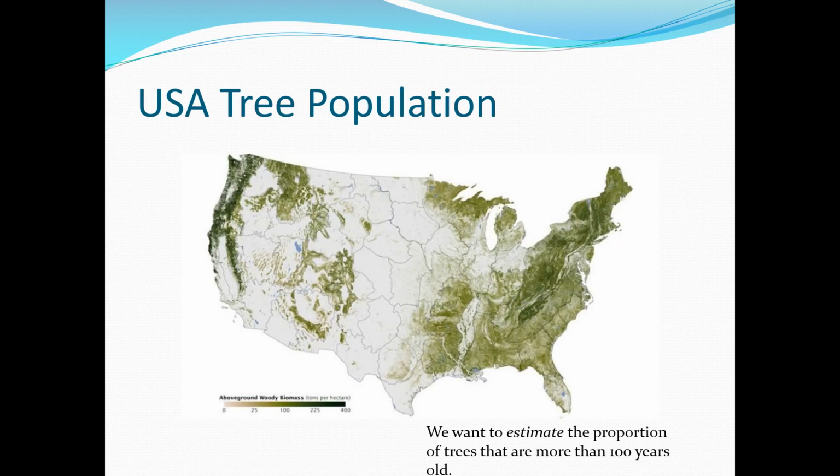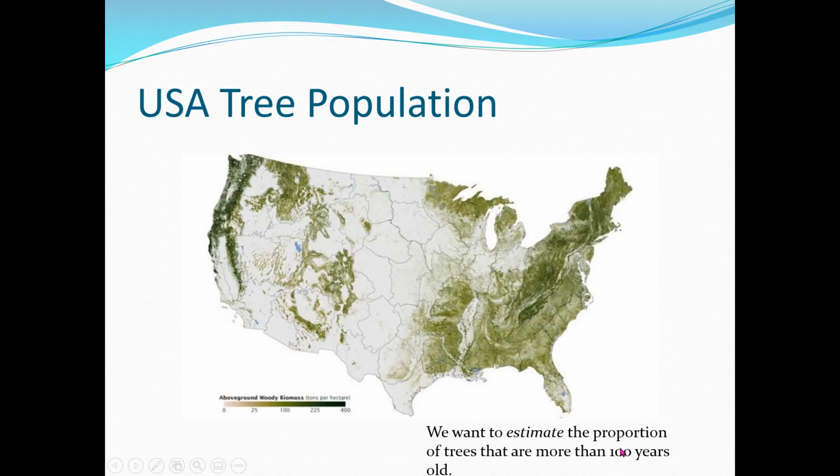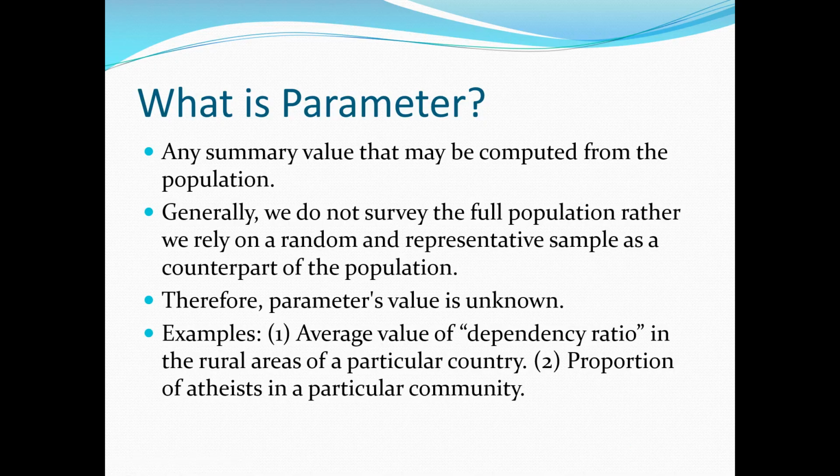So if I compute the proportion of trees that are older than 100 years of age from the entire tree population of USA, then that number will be the parameter, because it's a summary value. So here the parameter is the proportion of trees that are more than 100 years old in the entire population.